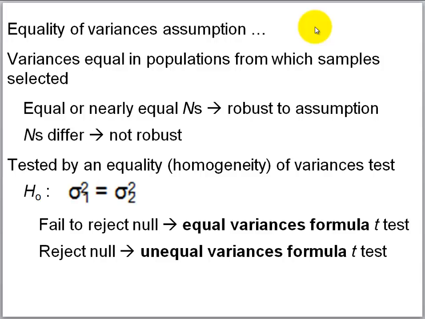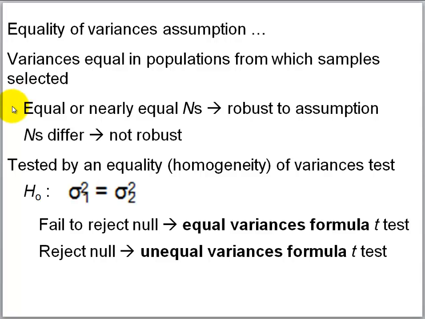Another assumption of the t-test is the equality of variances assumption, also known as the homogeneity of variances assumption, and that is that variances are equal in the populations from which samples have been selected. And as you know, variance is a measure of variability. Variance is the standard deviation squared. So the notion here is we want our two populations to have equal variability.